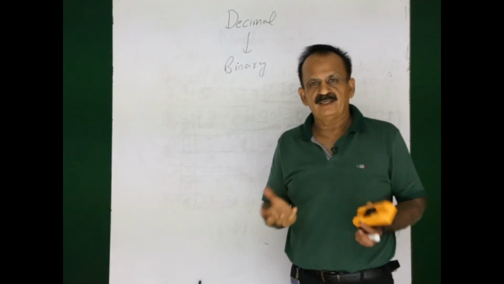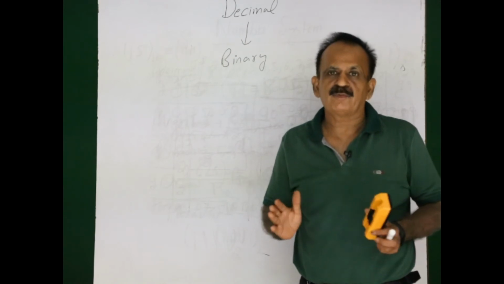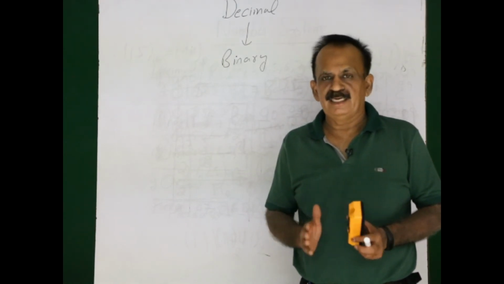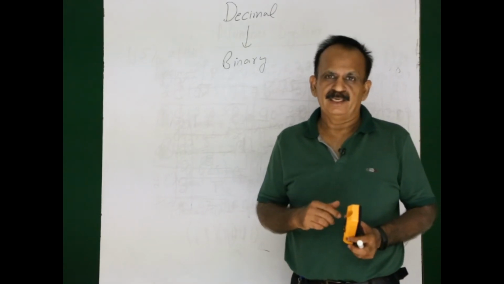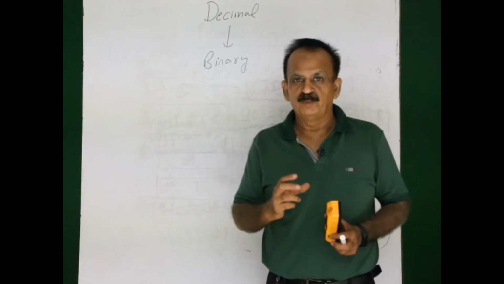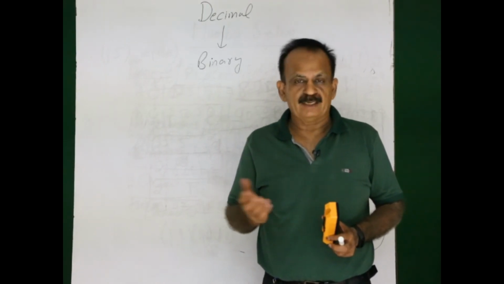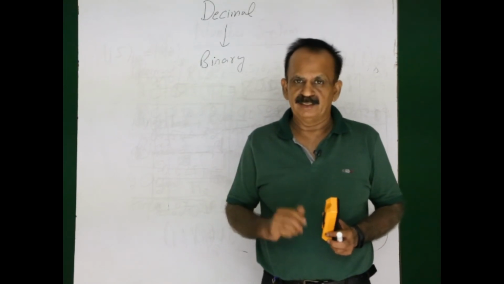In mathematics we understand, if we divide a number by 2, the remainder cannot be greater than or equal to 2. The remainder will be either 0 or 1. Similarly, if I multiply the fraction by 2, the carry part cannot be greater than 1. It will be either 1 or 0.